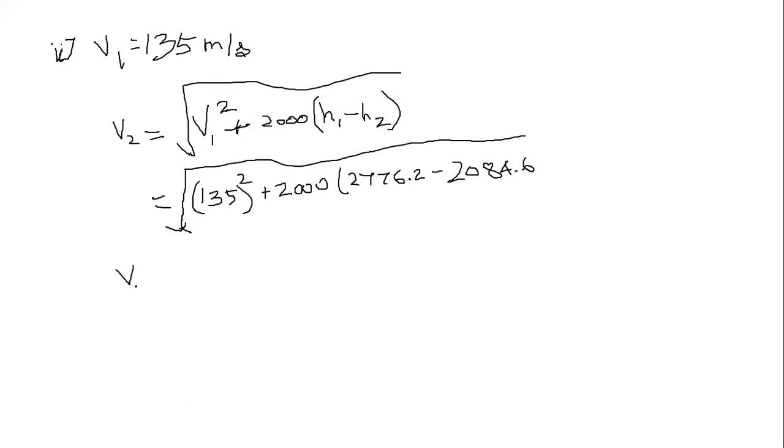Therefore the V2 value is 1184 meter per second. If you consider the initial velocity of steam as 135 meter per second, you will get the velocity of steam leaving the nozzle as 1184 meter per second.